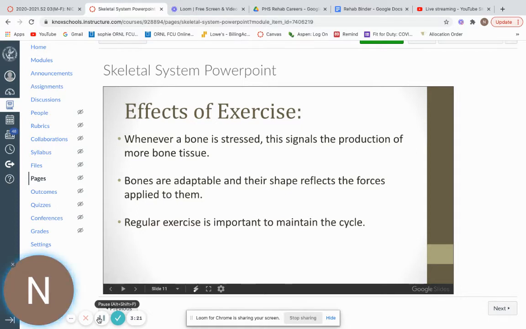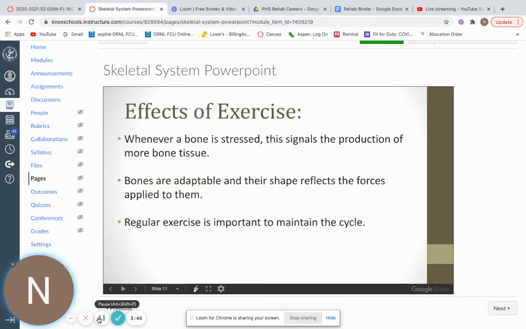So the blasts make new bone tissue. The clasts actually break down that old used bone tissue, and the more bone tissue that's broken down, it signals more osteoblasts. So the reason that osteoblasts are signaled is exercise. Exercise is important to maintain that cycle.